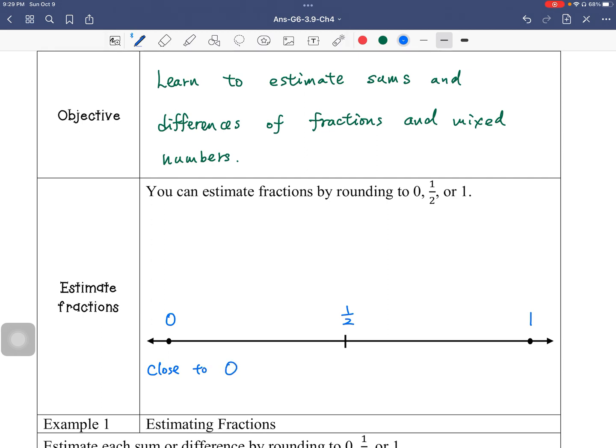These numbers we say are close to 0, such as 1/5, 2/11, and 2/15.